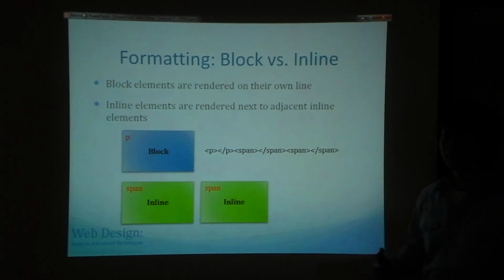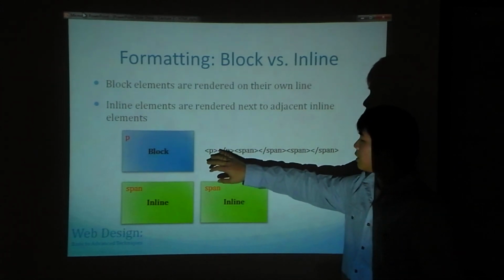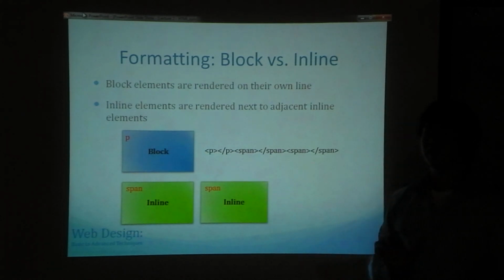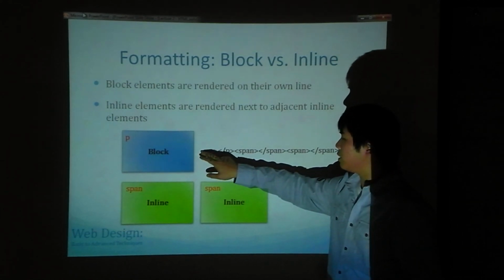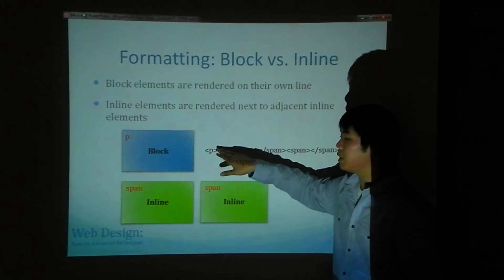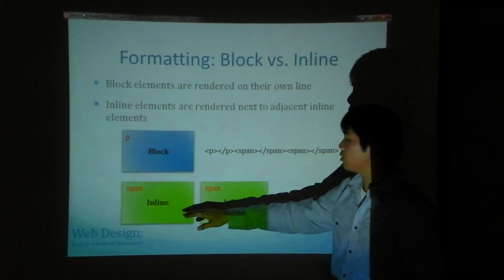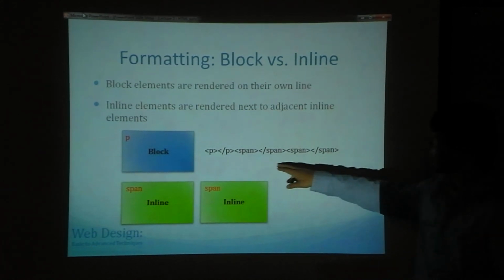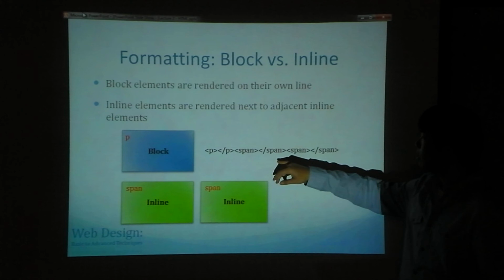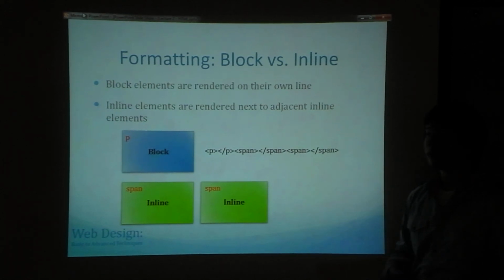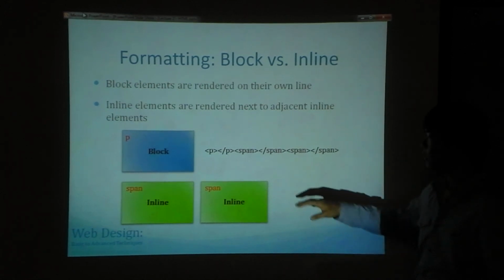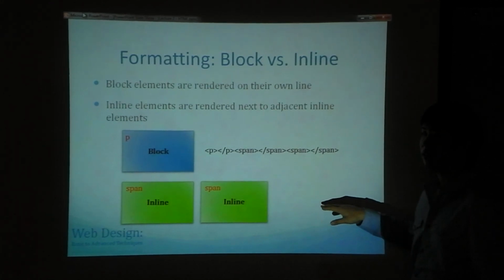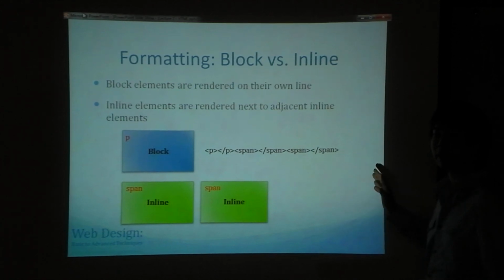Block level elements have the special characteristic that if you put one in an HTML document without any extra formatting, the elements around it, instead of being on the same line, would be pushed down to another line. We also have something called span. Spans are inline elements, the more intuitive thing, in that everything you specify as an inline element will stay on that line, as long as it doesn't hit the side of the web page.